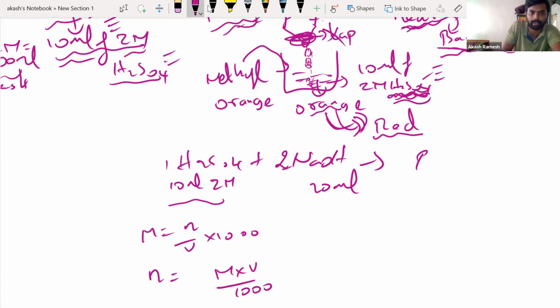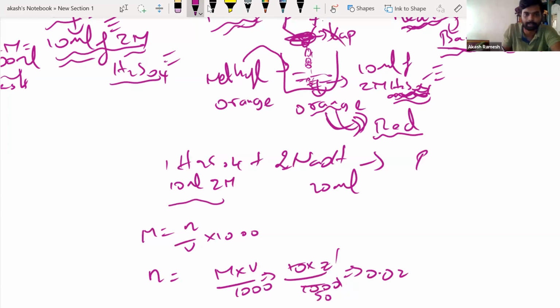That is the number of moles. I can easily calculate here. It would be 10 into 2 divided by 1000, so this gets cancelled. So it will be basically 2 by 50, which is 0.02. Now I have 0.02 moles of H2SO4. Very simple.